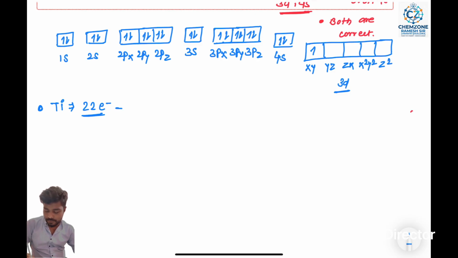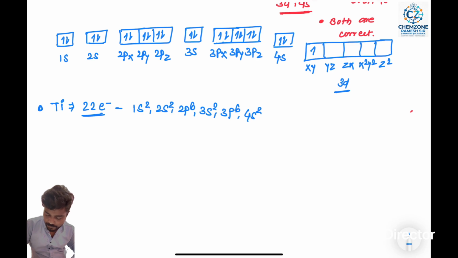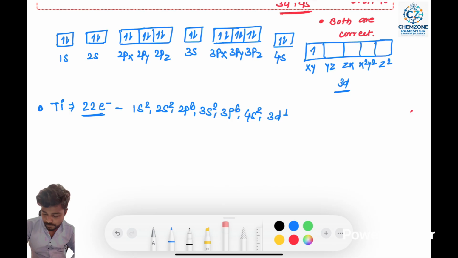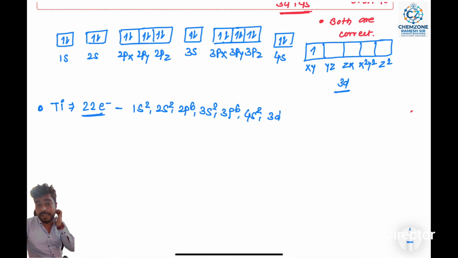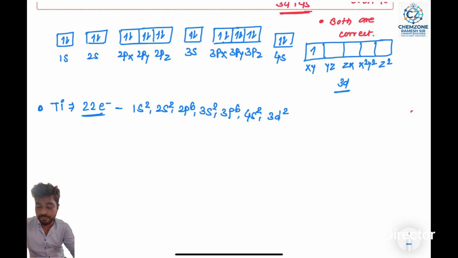So 1s2, 2s2, 2p6, 3s2, 3p6, 4s2 and 3d1. Sorry, 3d2, sorry, that is my mistake. 22, that is the atomic number. So 3d2. Okay, 2 electrons are present in the d orbitals.